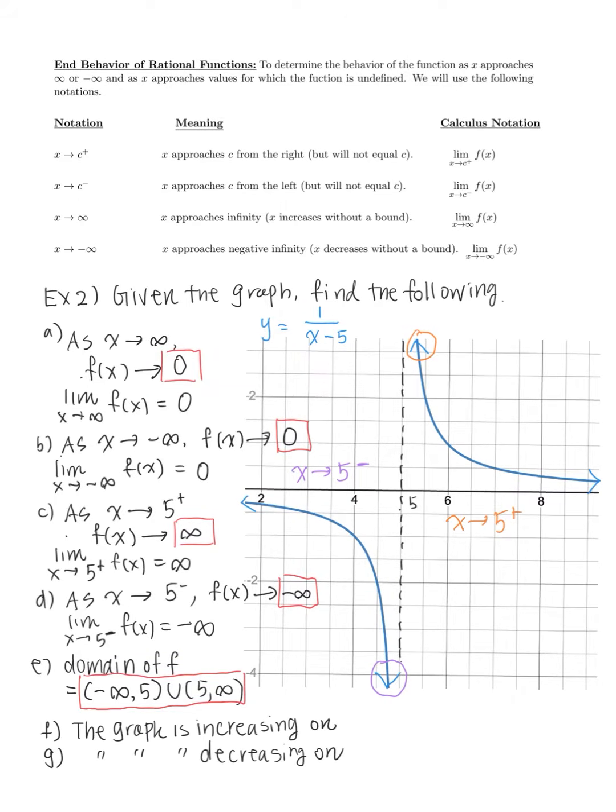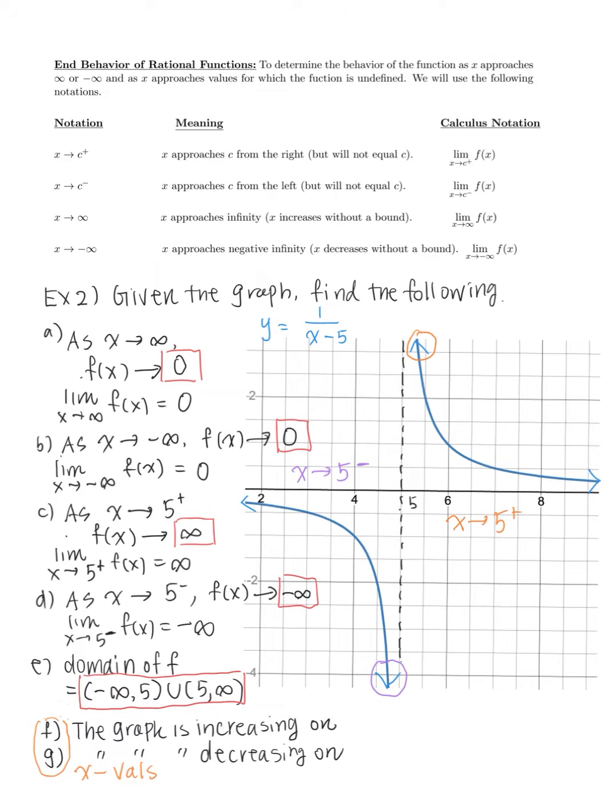Now let's just do f and g together here. So the graph is increasing on where to where? So these values must be the x values. And also when you look at the graph, you have to look at it from left to right. That's how you analyze it. So here, if I travel from left towards the right-hand side, is this graph increasing? No, it's actually decreasing now, isn't it?